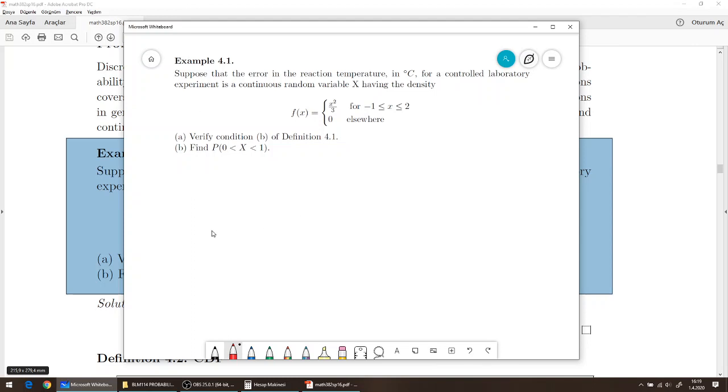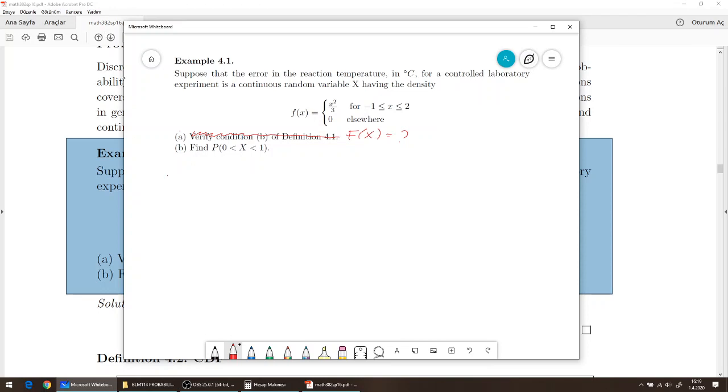First, we will find uppercase F of x, and then, using uppercase F, find part B.